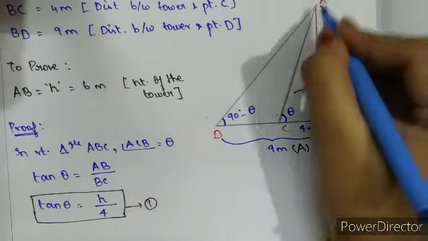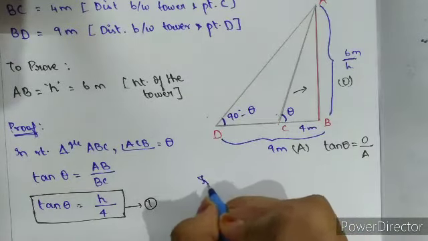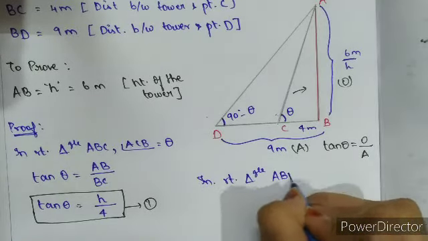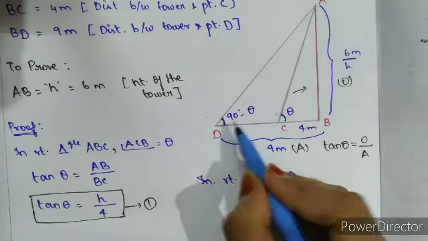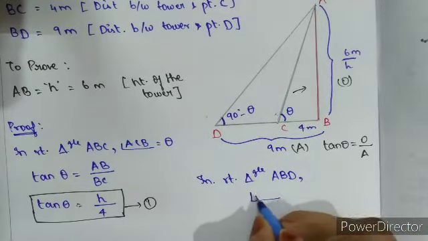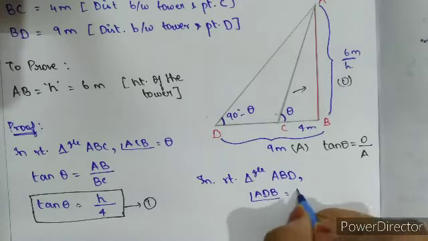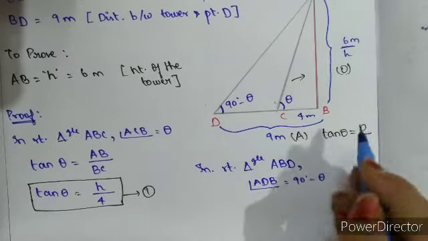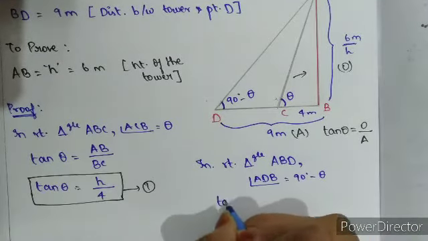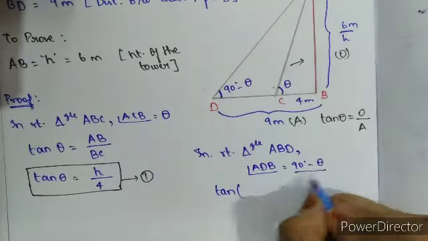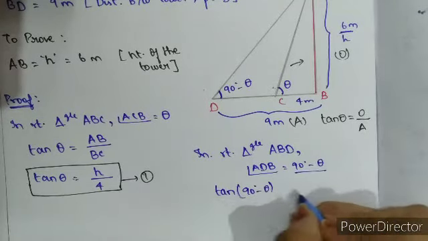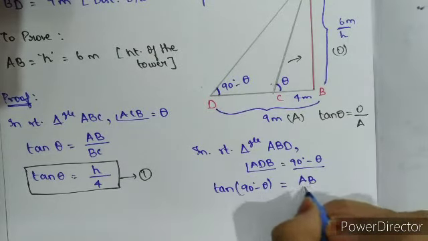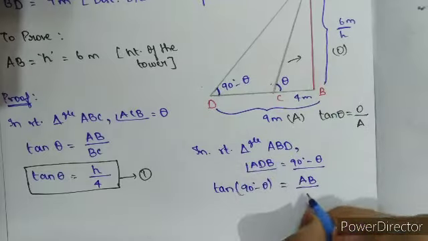Now let us consider this bigger triangle ABD. In right triangle ABD, we know that angle D is 90 minus theta. So I can write that as angle ADB is equal to 90 minus theta. So here also we have to apply the same ratio, which is tan. Here the angle is 90 minus theta, the opposite side is AB, the adjacent side is BD.